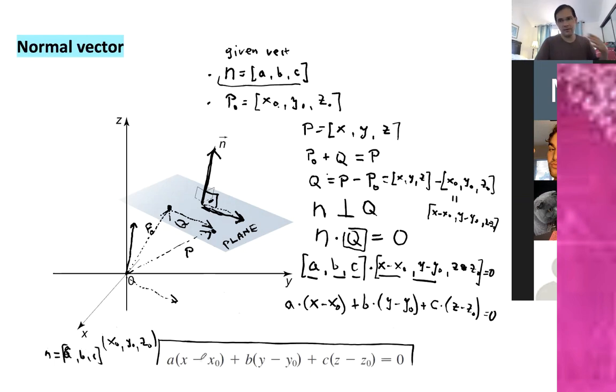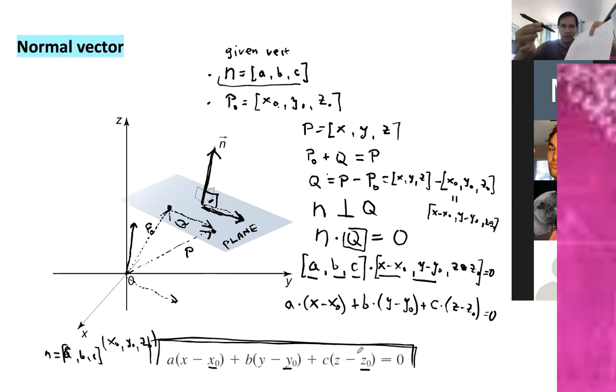Very nice. So we have derived this equation of the plane that goes through the given point in space, x0, y0, z0, and whose normal vector is the given one.